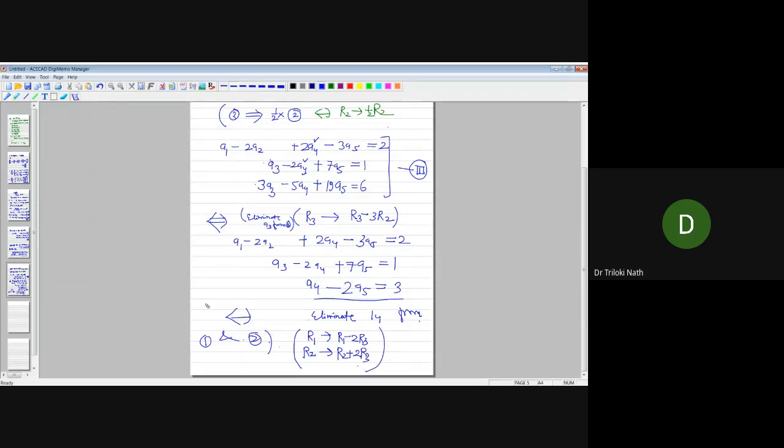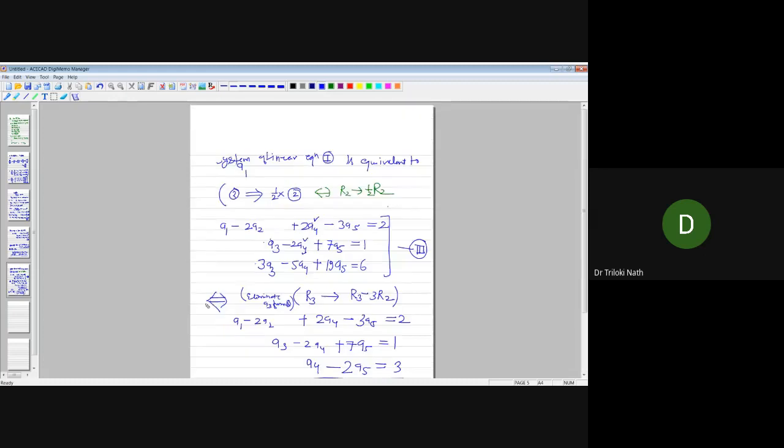Now you observe, from equations 1 and 2, a4 is eliminated, of course, because whenever you subtract from 1 two times equation 3, then 2a4 minus 2a4 cancel out. So what is the system now?